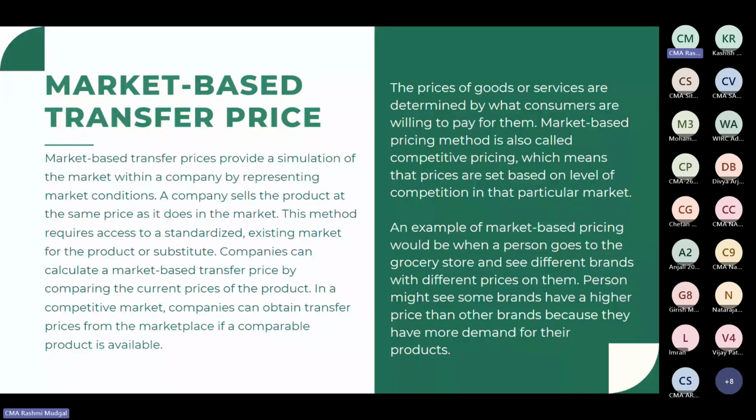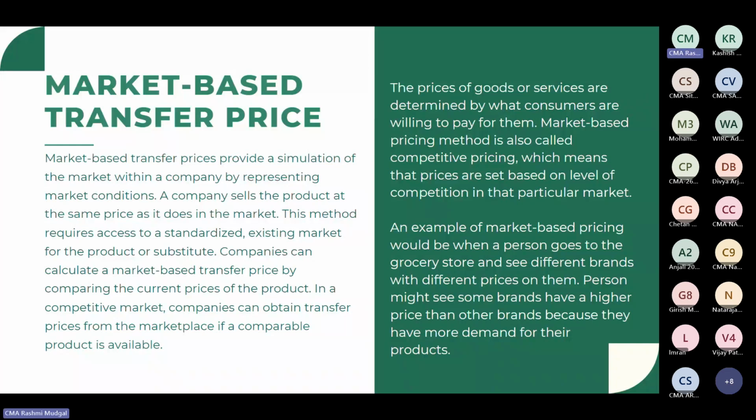Up next is market-based transfer pricing. We could start with an example here. Market-based pricing would be when a person goes to a grocery store and sees different brands with different prices on them.